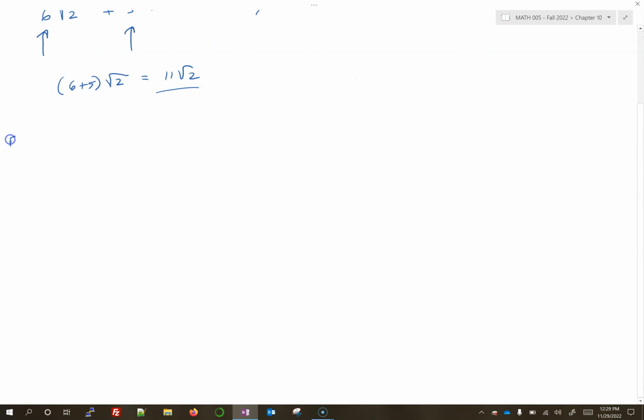Another example, if the radicals are all the same, let's say we had 9 square root of 3 plus 3 square root of 3 minus 18 square root of 3. Again, if we treat square root of 3 like a variable, this is kind of like seeing, let's say, 9y plus 3y minus 18y.